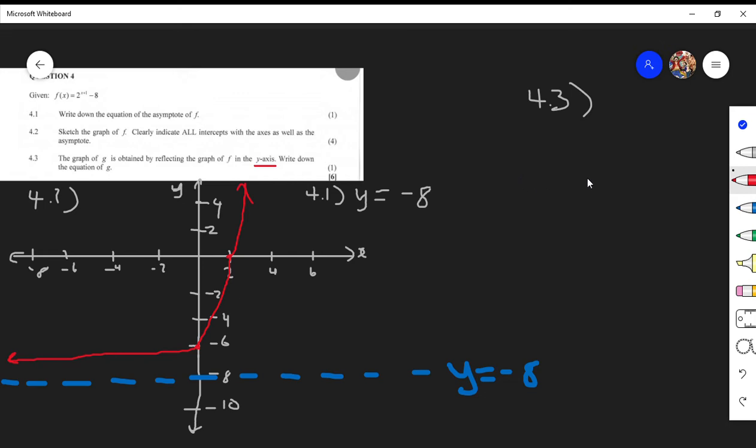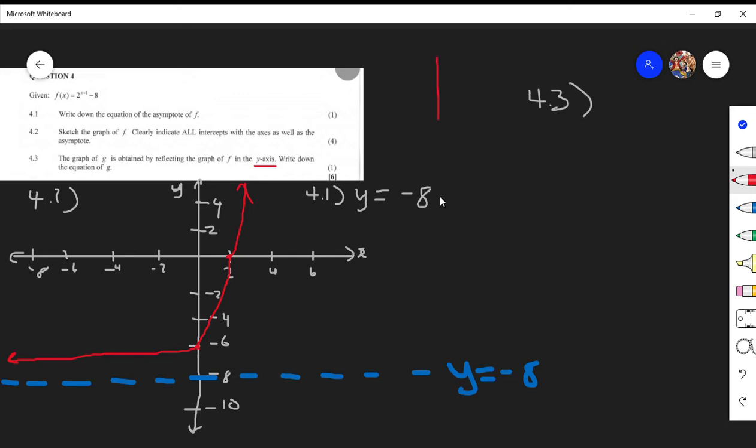Okay, so whenever a graph is reflected, it's always kind of like the opposite. So for this graph, we're reflecting it about the y-axis, therefore our x values are going to change.